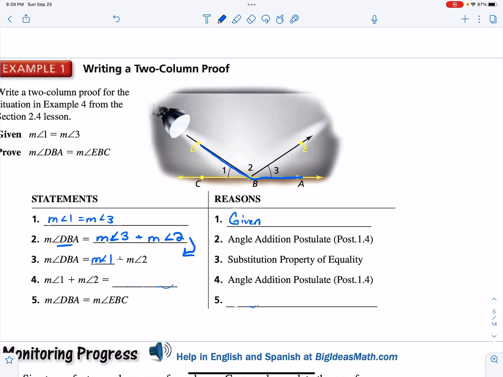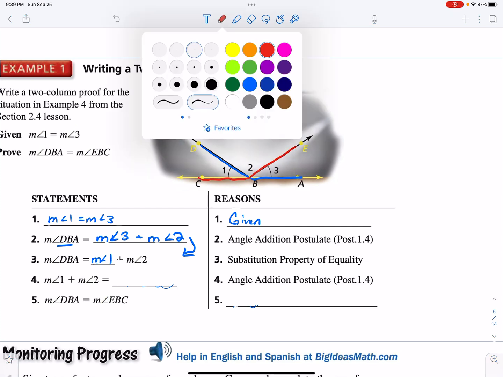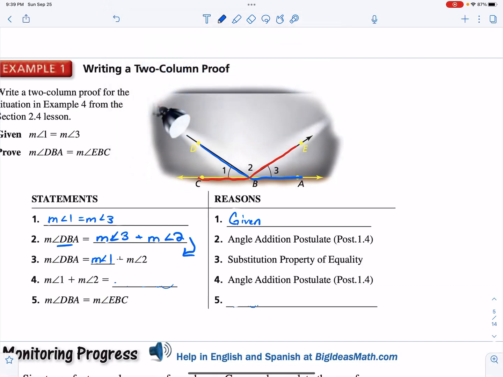Now, reason number 4 says angle addition postulate. And then it says that we took the measure of angle 1 plus the measure of angle 2. Well, if I look at the angle that's formed by those two, that's the measure of angle EBC. Now, I have the measure of angle DBA is equal to the measure of angle 1 plus the measure of angle 2.